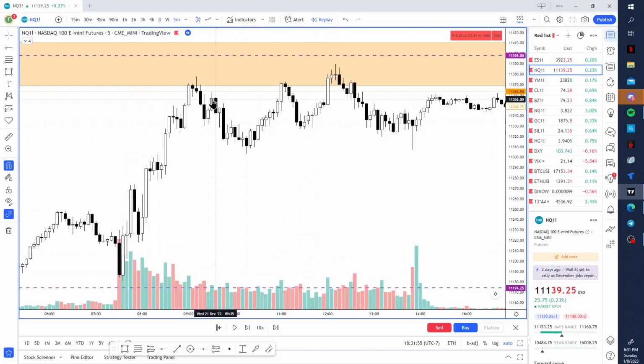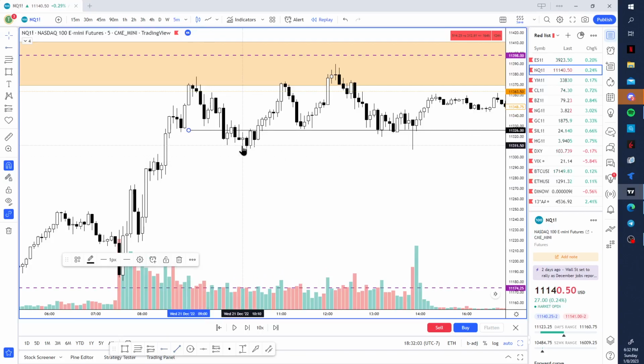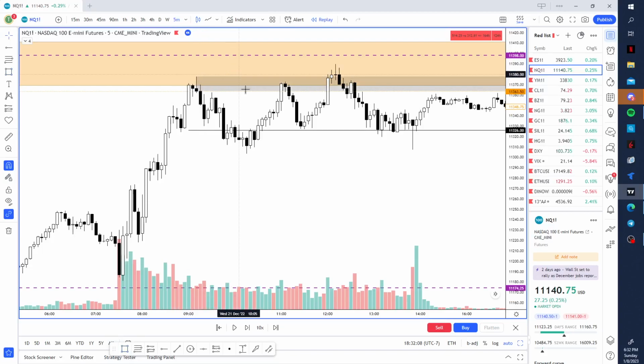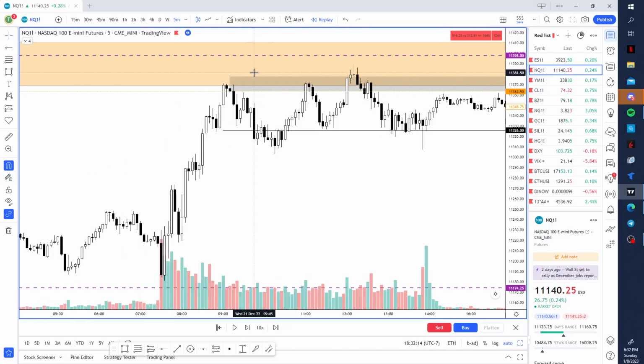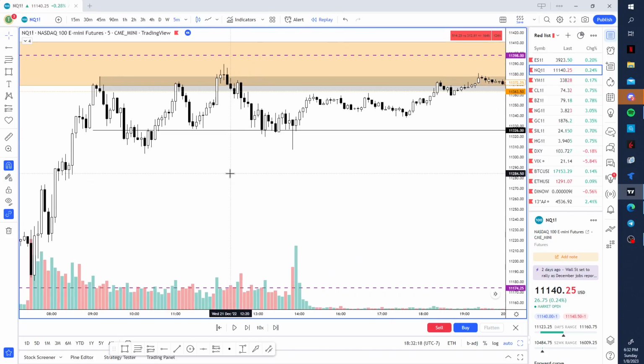Yeah. So to me, it looks like the change of character happens here. This is where it breaks, and it started here. But you would probably get your stop there, right? I would take it here, but if you keep your stop super tight, you're going to get stopped versus having it higher.